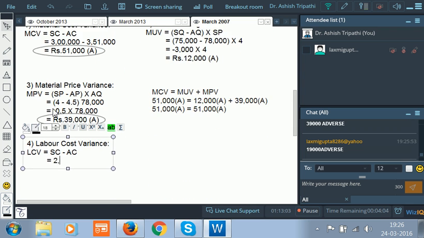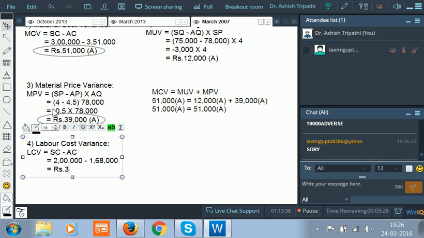Labor standard cost is 2 lakh minus 1,68,000. 19,000 is wrong.